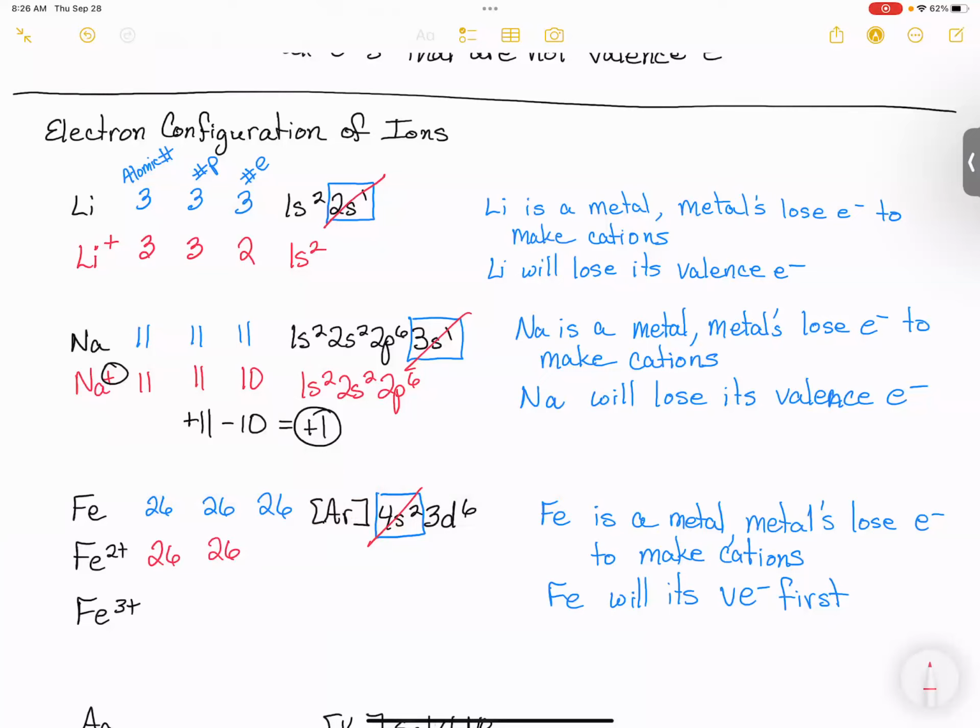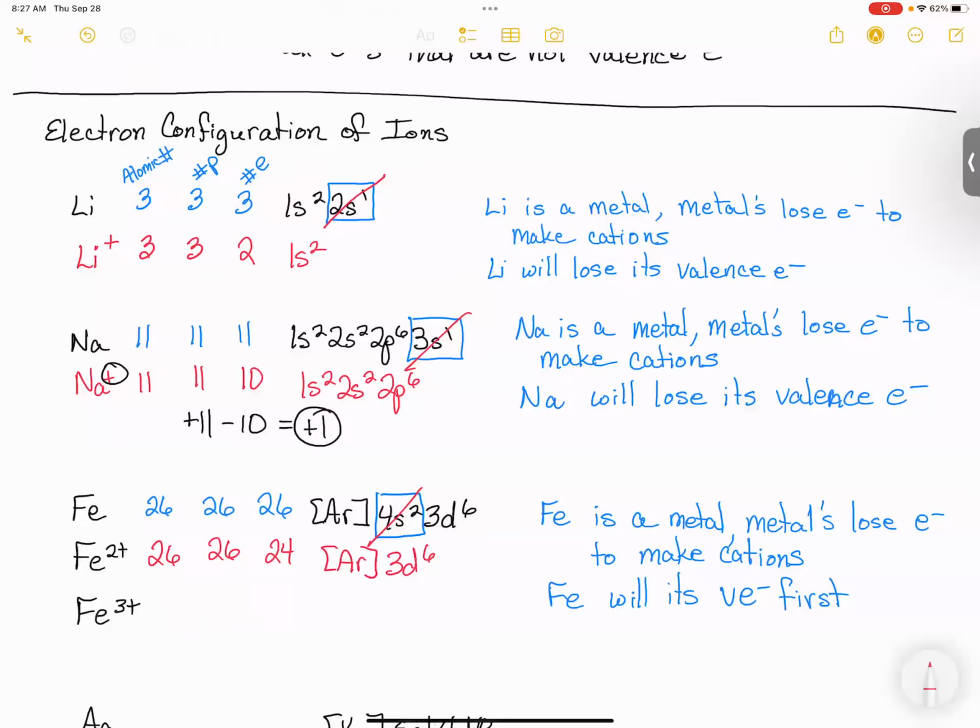But now if it's lost 2 electrons, it has to have 24 electrons left. Again, the 2 electrons lost have to be the valence electrons. So iron's electron configuration is argon 3d6, iron 2 plus. Questions?